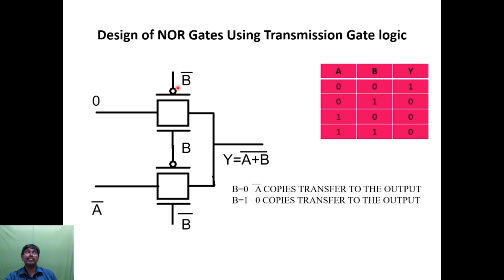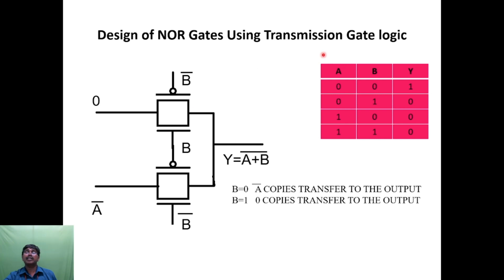So PMOS is enabled when it is 0, and when B is equal to 1 this NMOS will be enabled. So it is a bidirectional switch, both will be simultaneously conducting the data input to the output. That is why we say a strong voltage will be passing from data input to output. That is the advantage of the transmission gate.